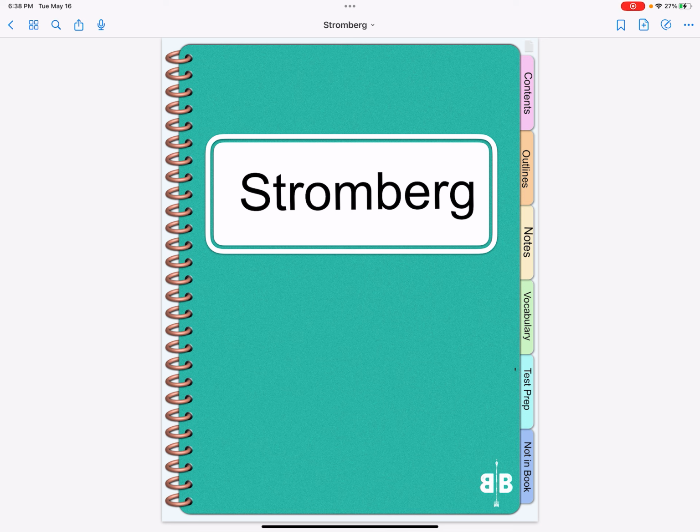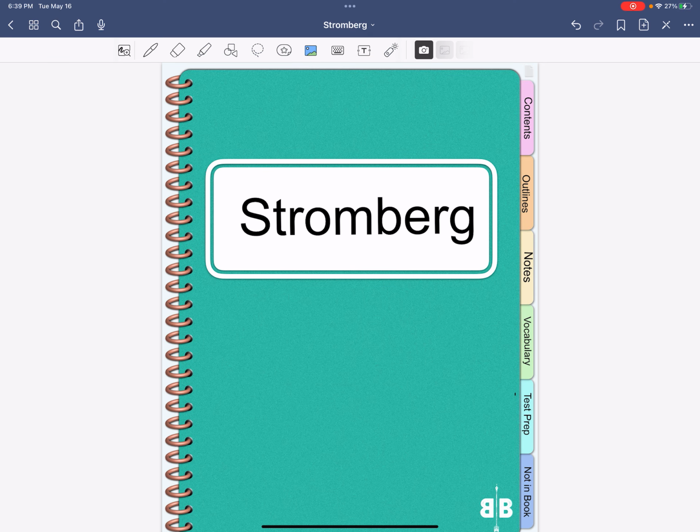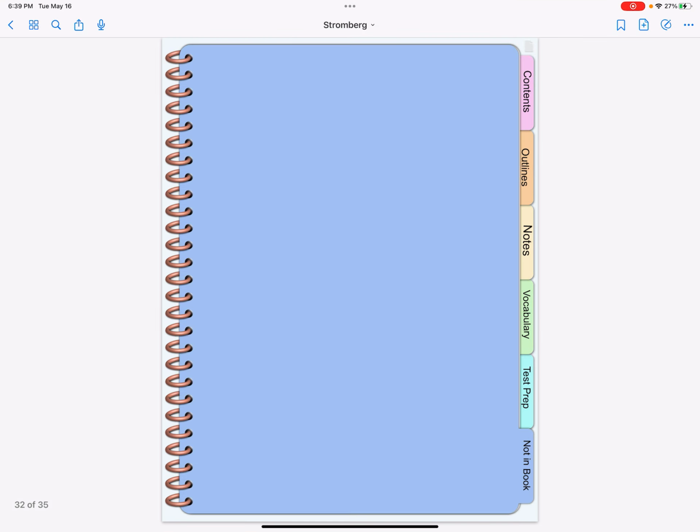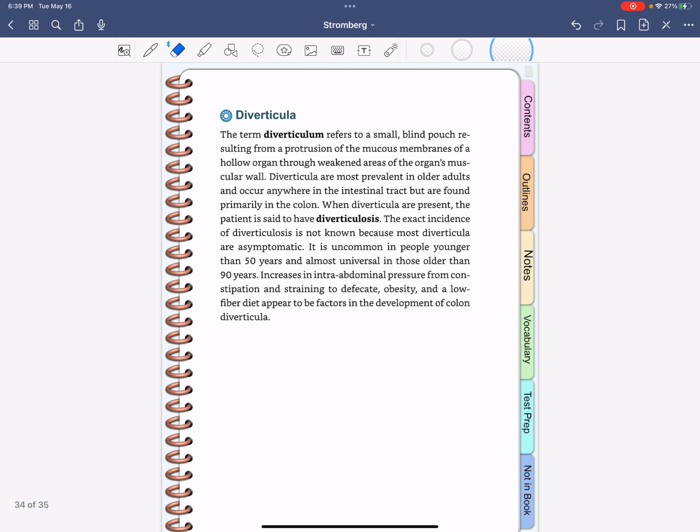All right, I'm going to do this illustration in the section of my notebook that is not in the textbook, even though the passages are from the textbook. It's from that Stromberg text. And I just picked out a couple of passages from the textbook to illustrate the strategy that I wanted to show you.